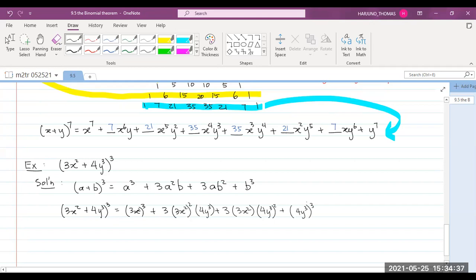Do you see that? I do the substitution now. This is my a, and this is my b. I hope you see that now.